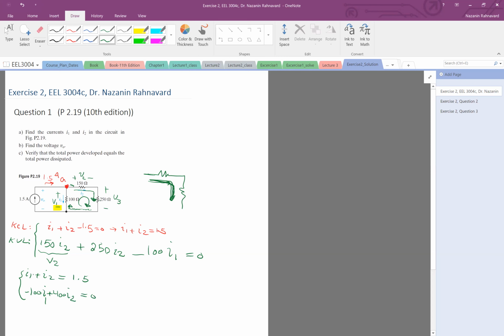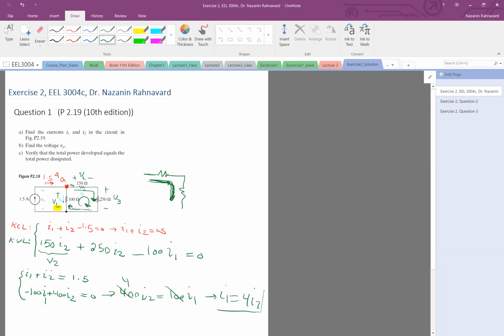It's simple actually. We can simplify this: 400 I2 equals 100 I1, so I1 is 4 I2.